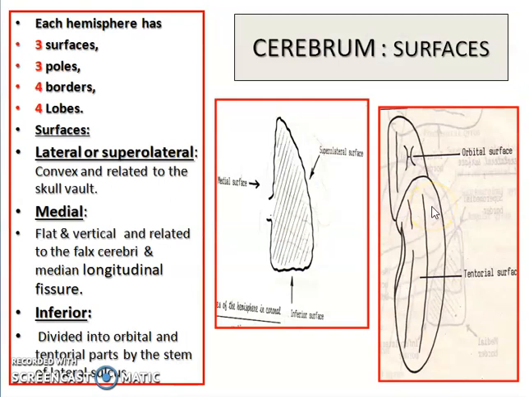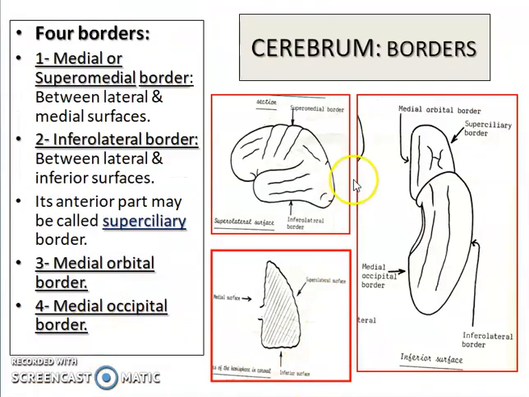Just to revise everything about the cerebrum, we have seen that each cerebral hemisphere has three surfaces: the superior lateral surface, the medial surface and the inferior surface. The superior lateral surface is the convex surface, the medial surface is the flat surface and the inferior surface is the irregular surface. Then we have seen the 6 borders of the cerebrum: the medial orbital border, the hippocampal border and the medial occipital border, then the inferior lateral border, superciliary border and superior medial border.